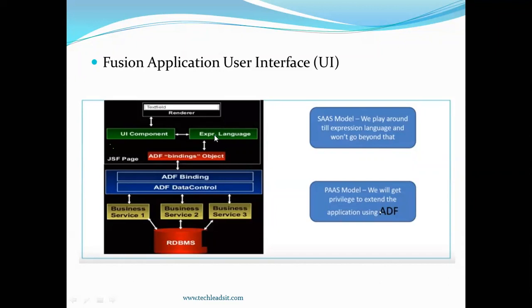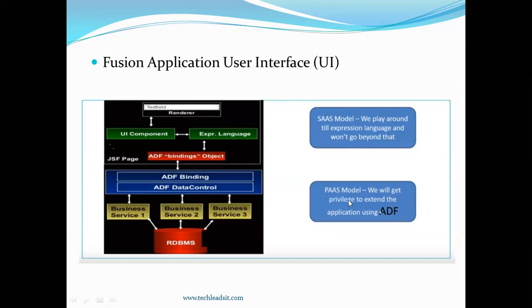Nothing but minimal privileges are provided by Oracle. We cannot do anything apart from those privileges. If you want to satisfy the business requirement, and whatever your client requests is not satisfied with this UI, then obviously you should go for the PaaS model.